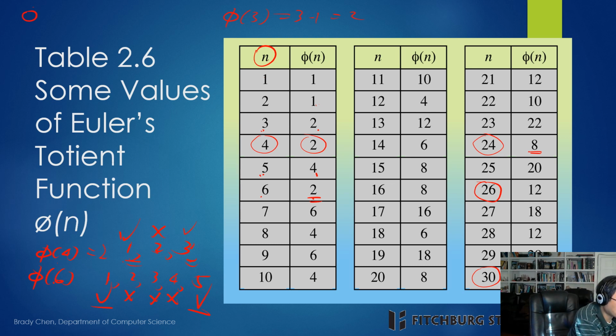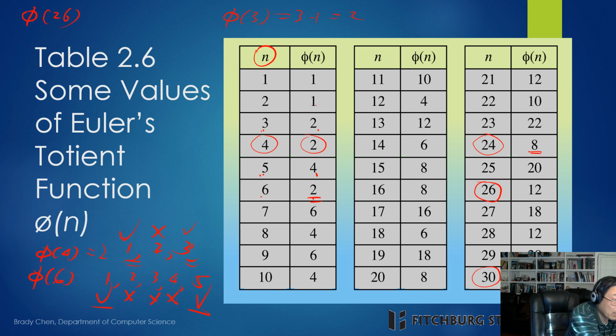Now phi of 26. How can we do this? By definition, we need to check 1, 2, 3, 4 all the way to 25 to see whether 1 is relatively prime to 26. Yes. 2 is relatively prime to 26? No. 3 is relatively prime to 26? Yes. So we can always check each individual one from 1 to 25, right?